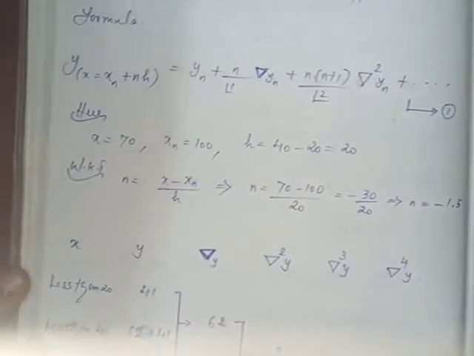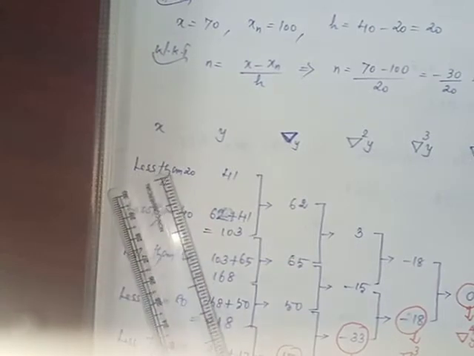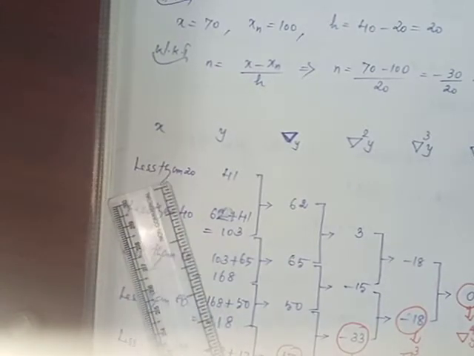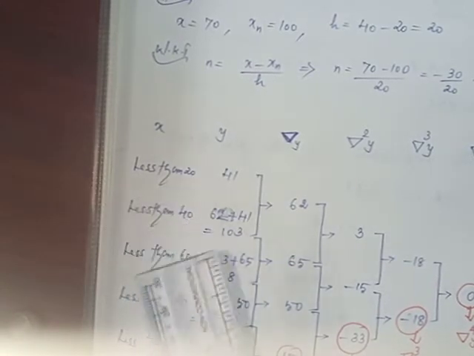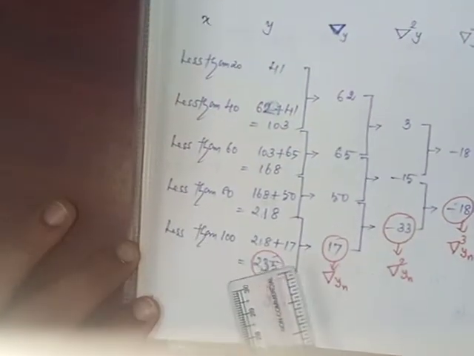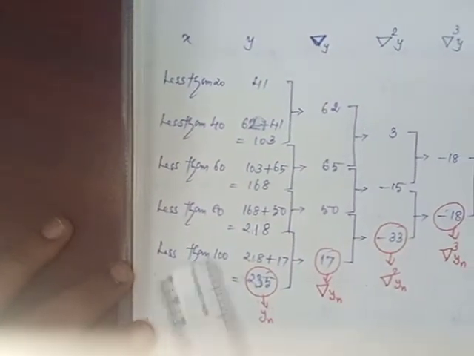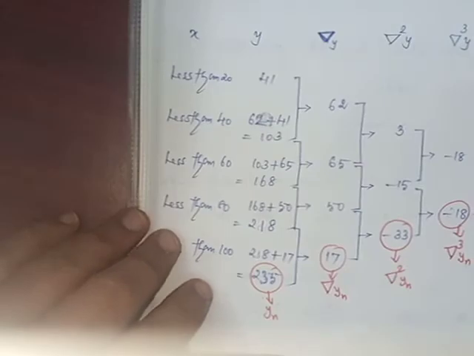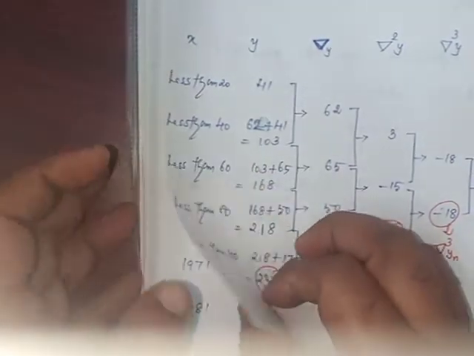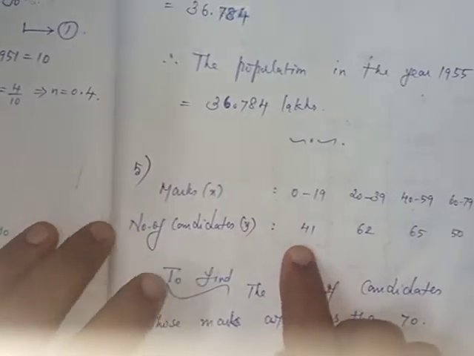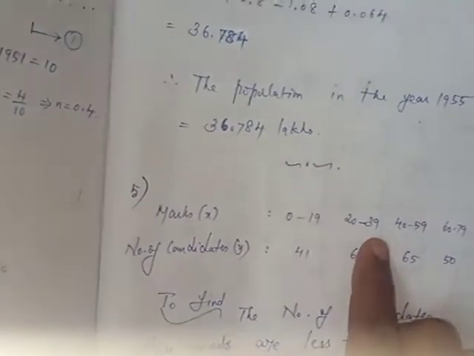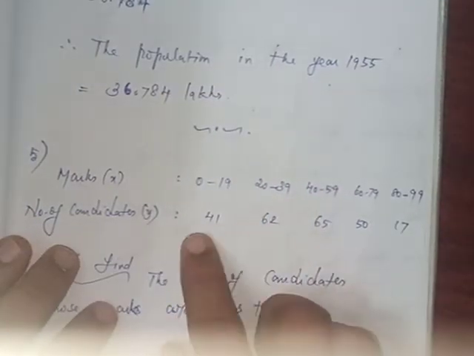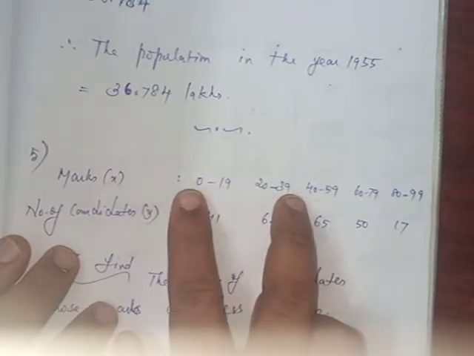Then you can go for the table. Here you start with x; you have to consider, as already told, less than 20, less than 40, less than 60, less than 80 and less than 100. Then how do you write the y value? Listen, you start with 41. For less than 40 you have to add these two values, correct?